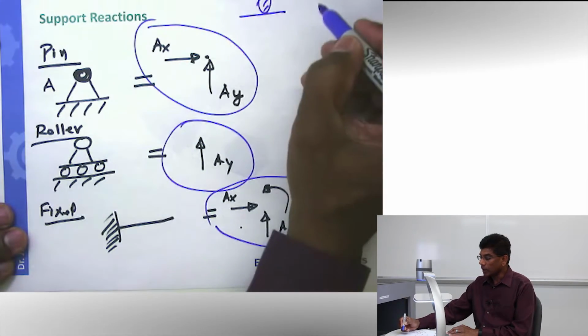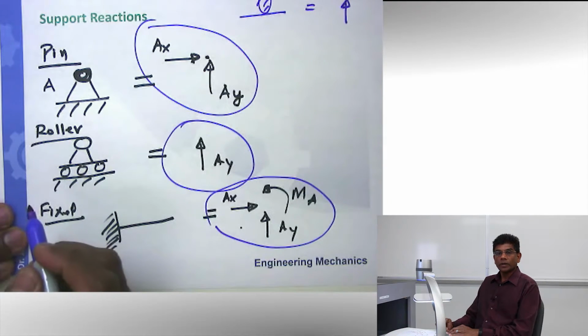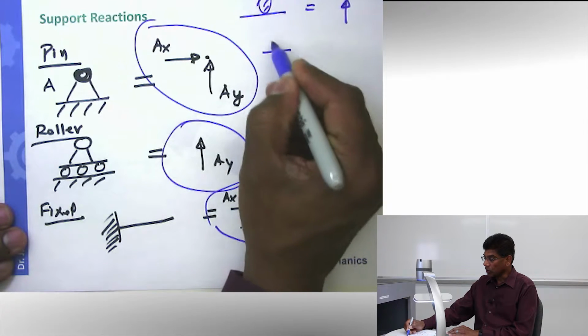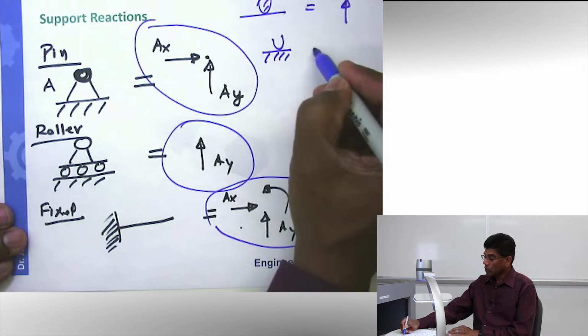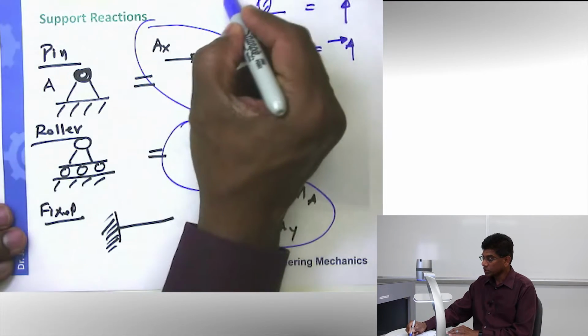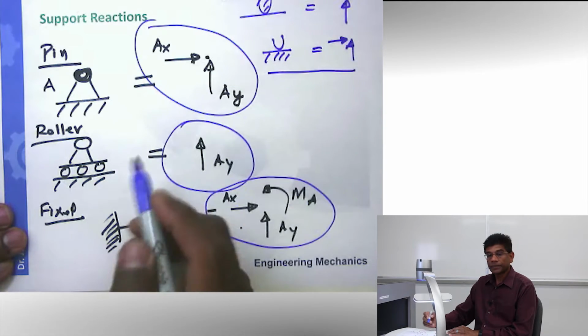A smooth support will be like a roller support. You will have a reaction along the vertical axis. All right? If it is a rough support, you could have two support reactions. So a rough support would look something like this. So this is smooth. This is rough. All right?